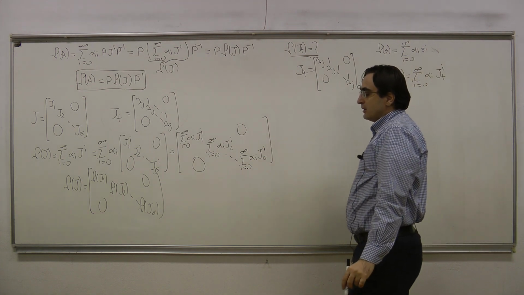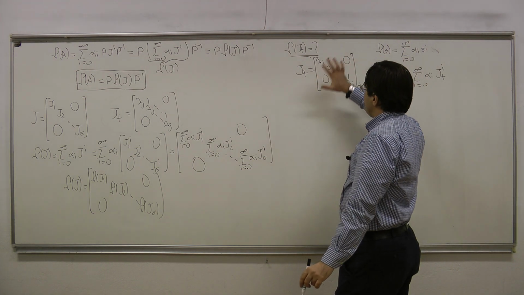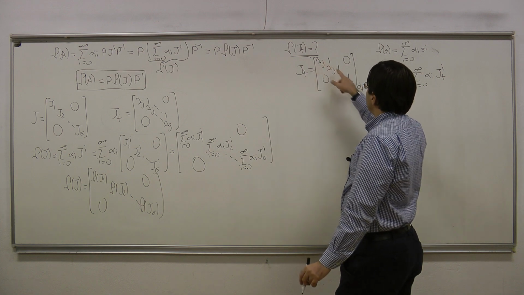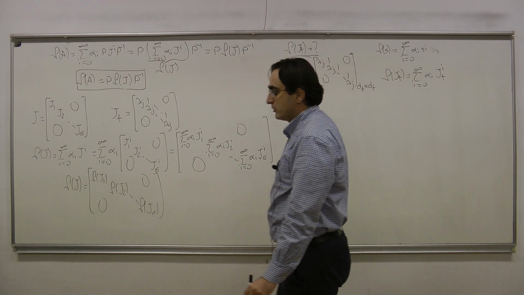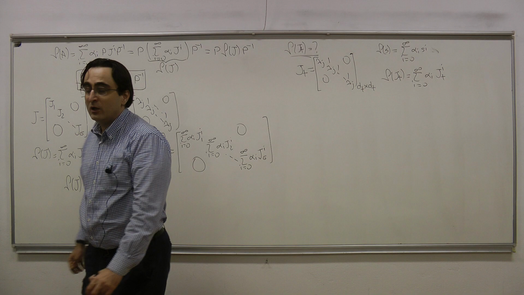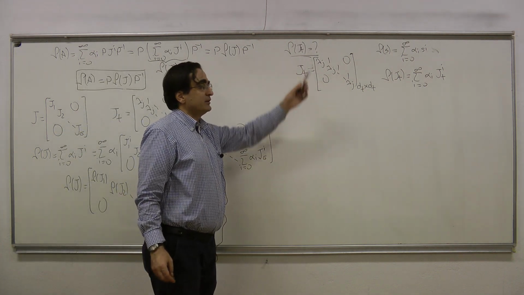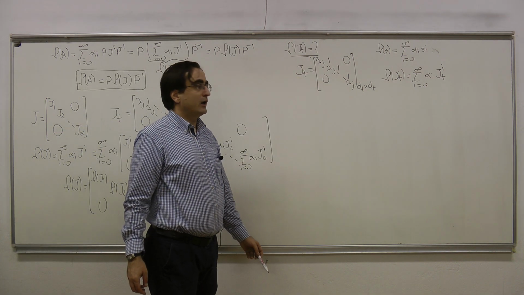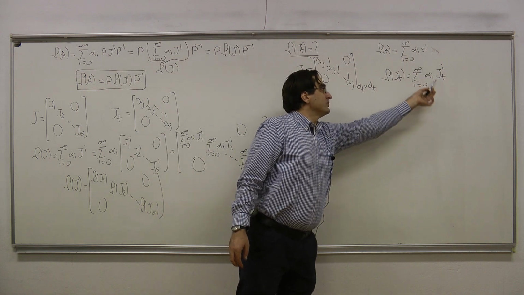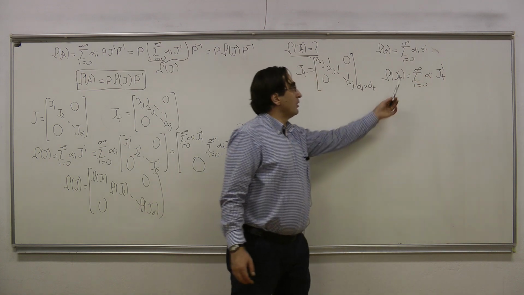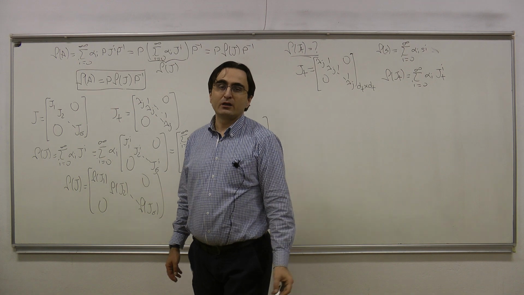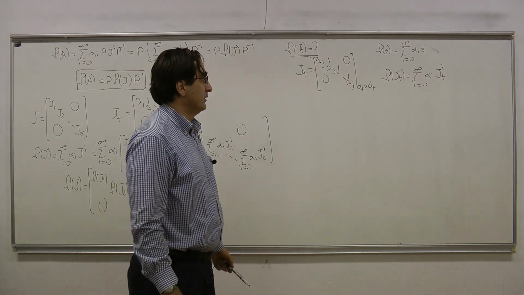So in general, if the eigenvalue of the Jordan block is not equal to 0, the powers of this JT would be all non-zero. So all of these powers would be non-zero, so I would have infinitely many terms in this summation.